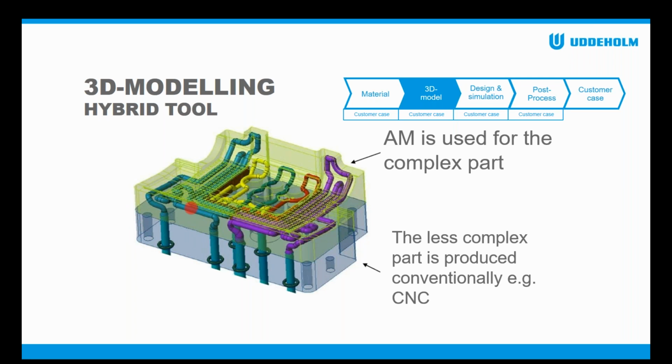So here we can both save time and save money. We're using the right manufacturing technique for the right process. So CNC this part, put it into the additive manufacturing printer, and then we print the top, the complex geometry, so to say.